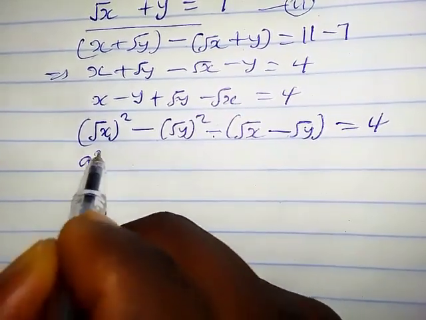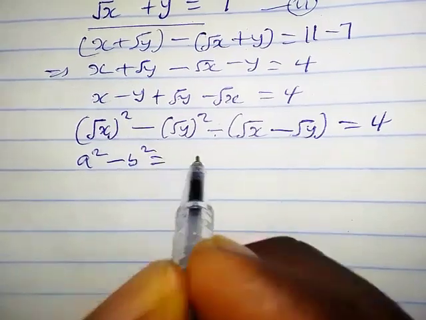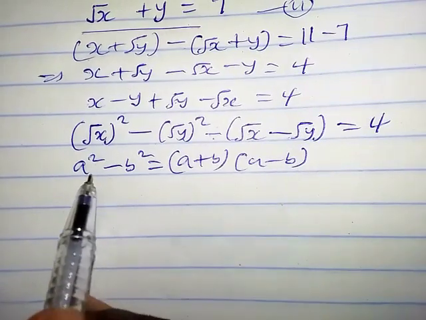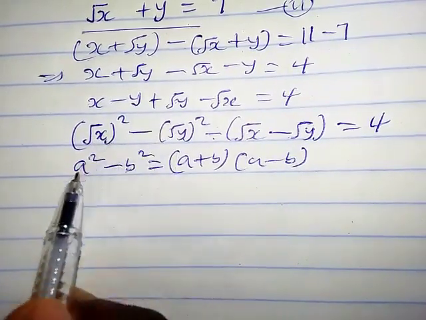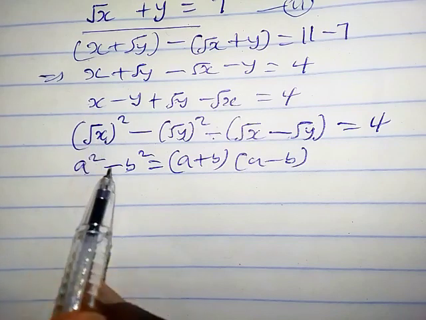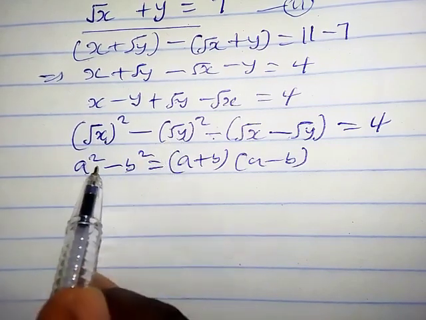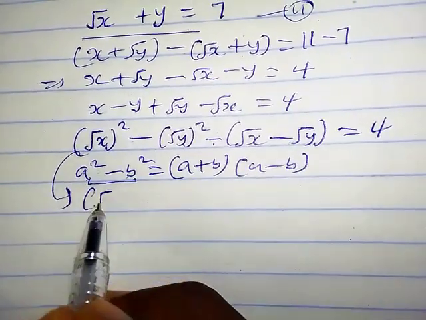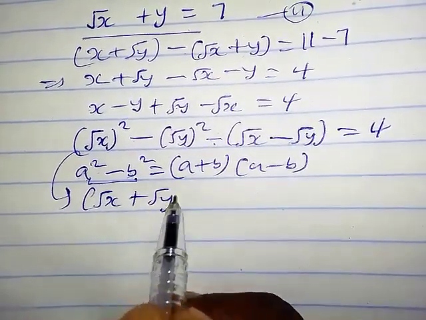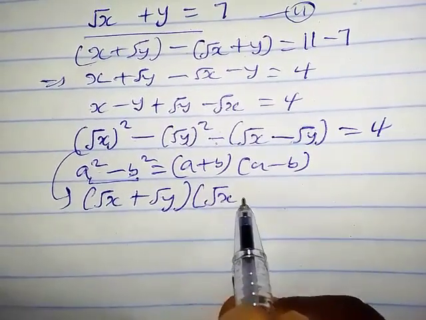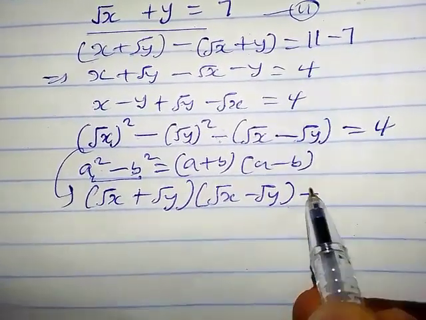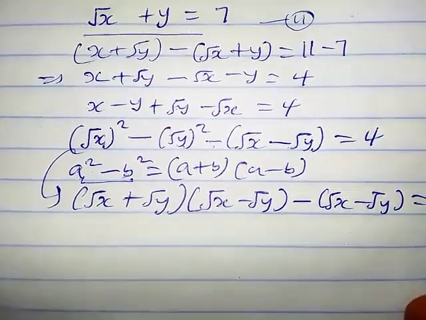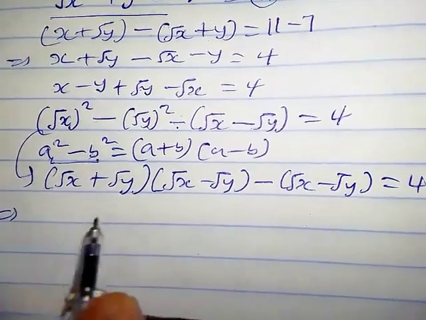Now we have to recall one property: a squared minus b squared is the same thing as a plus b times a minus b. Comparing, we observe that a is square root of x and b is square root of y. So we have square root of x plus square root of y times square root of x minus square root of y, minus square root of x minus square root of y, equals 4.